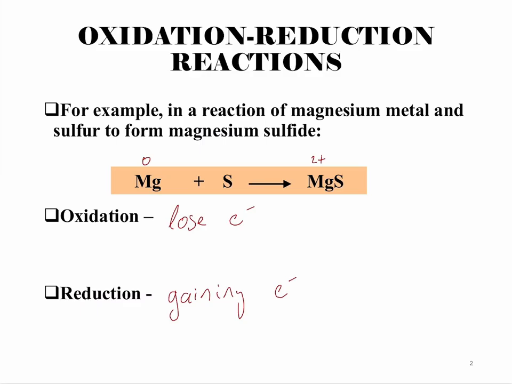And the same thing with sulfur. Initially, it's at a 0 charge, and it ends up as 2- to form a neutral ionic compound. So which element gets oxidized and what gets reduced?